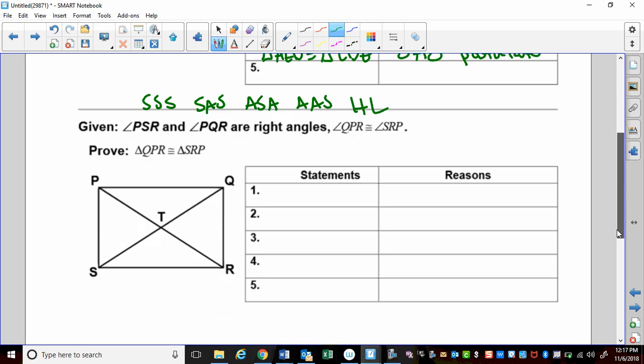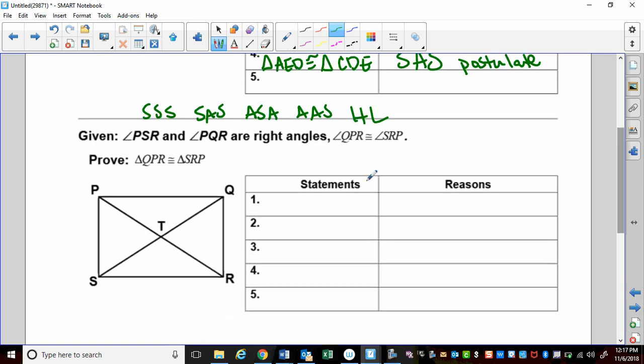Let's try one more. It says angle PSR, so this whole S, and PQR are right angles. Prove that QPR and SRP are congruent.